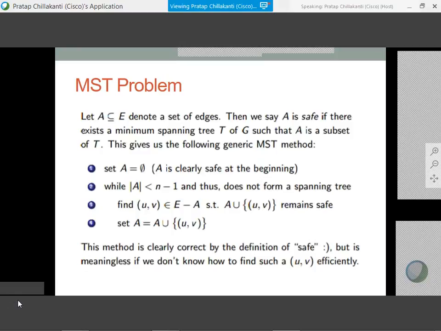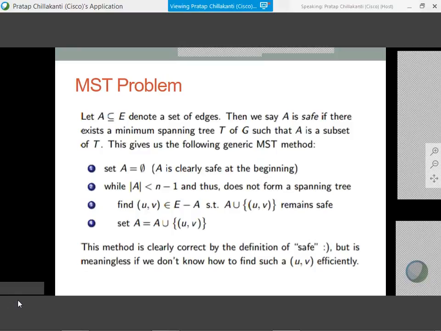So A is part of the set of edges. We say A is safe, keyword safe, if you have a minimum spanning tree of G, where G is the total graph, such that A is a subset of T. Whatever edge we add, we add it only if it is the lowest weight.